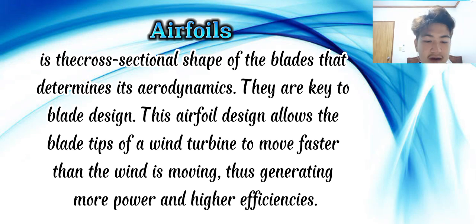So, ang mga ito daw ay susi sa design ng blades. Ang disenyo ng airfoil na ito ay nagpapagalaw sa mga dulo ng blades ng mas mabilis kaysa sa paggalaw ng hangin. So, nagdudulot ito ng mas malakas at mas mabilis na pag-ikot.